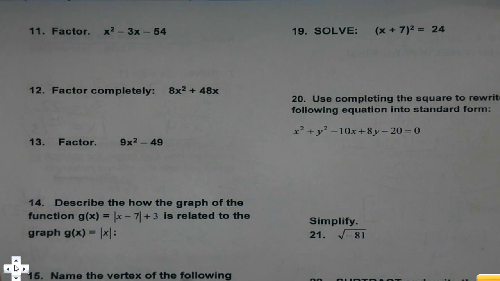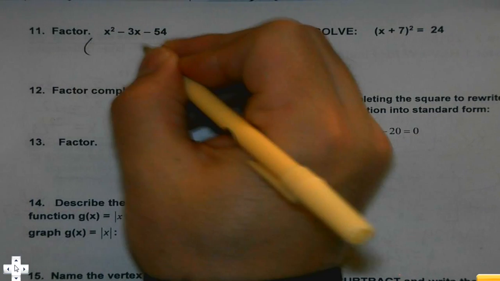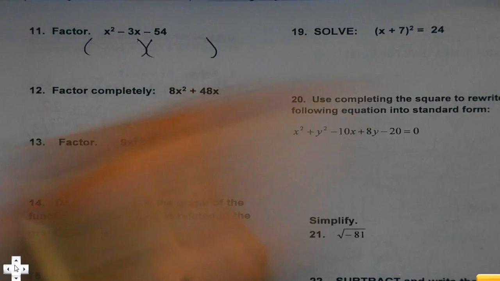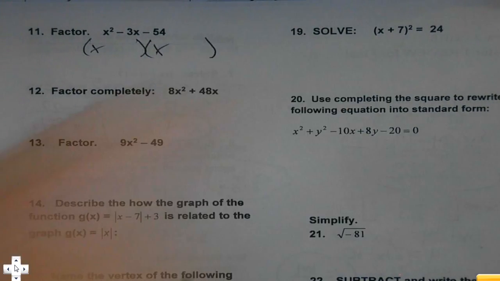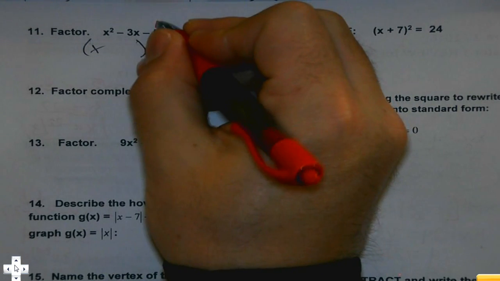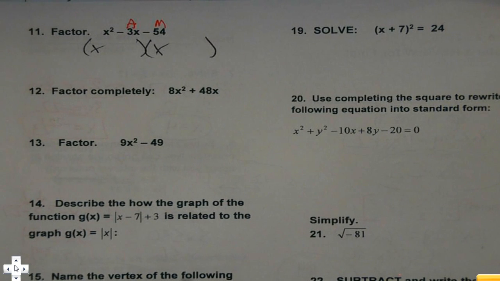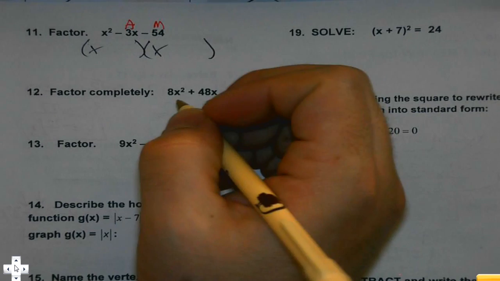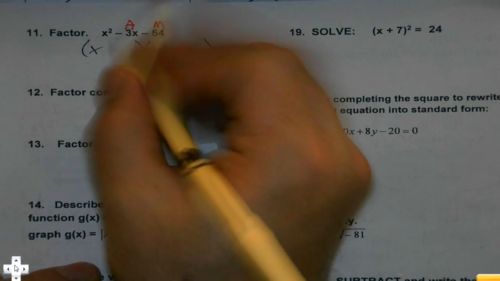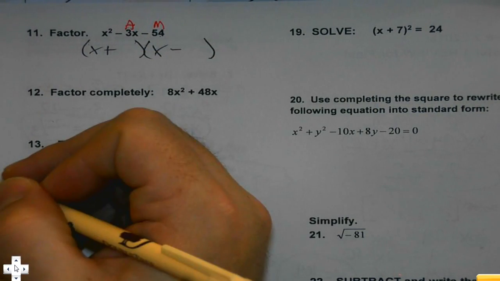Okay, factor. Again, you've got your flow chart to help a little bit with this. So again, just a reminder on how this works. It's going to be about multiplying and adding when we get here. So let's see. Multiply to a negative, one of each sign.